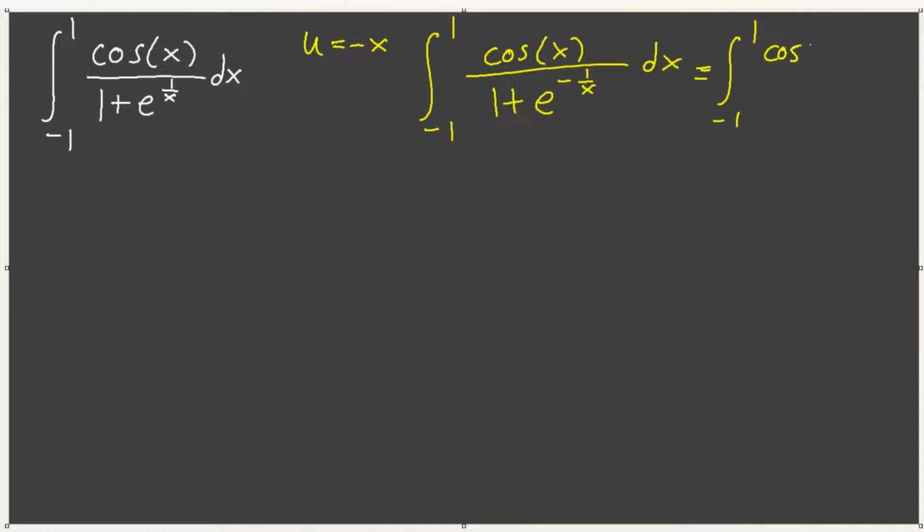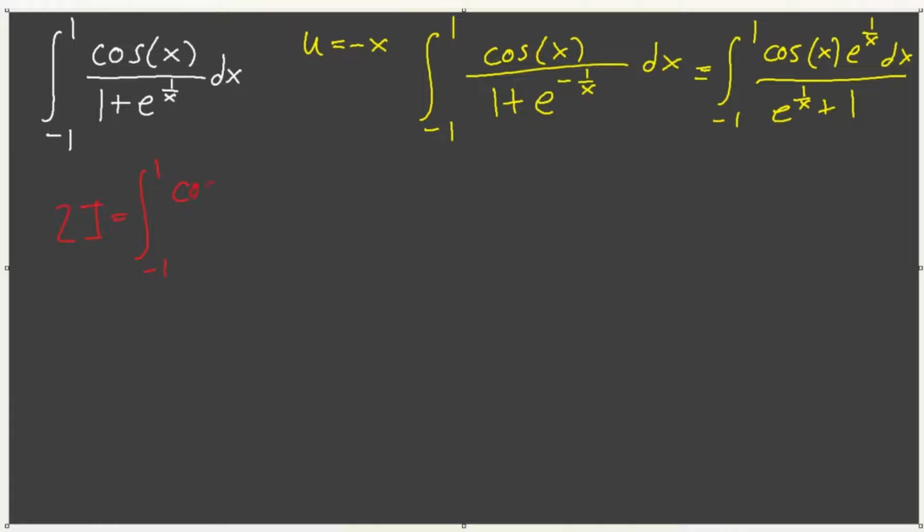We just multiply top and bottom by e to the whatever we need. So in this case, e to the 1 over x. And you can already easily tell, given the number of times we've been going over this, that the denominator cancels out.